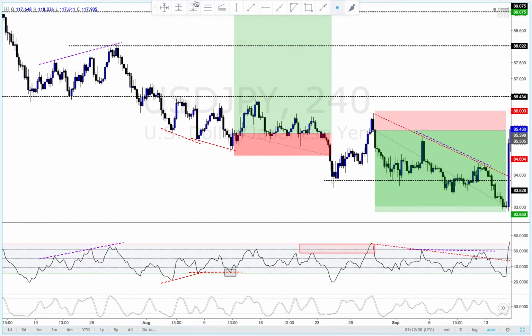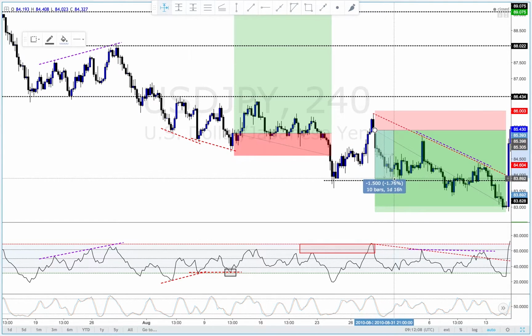So let's see what happened here. Okay, 155 pips in 13 bars.